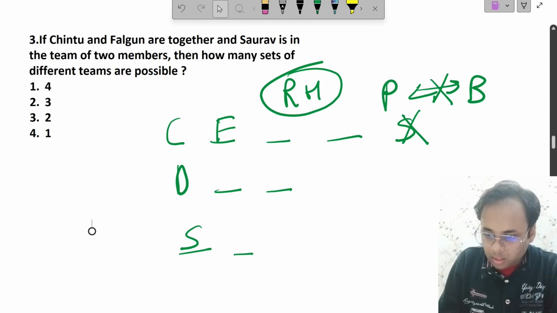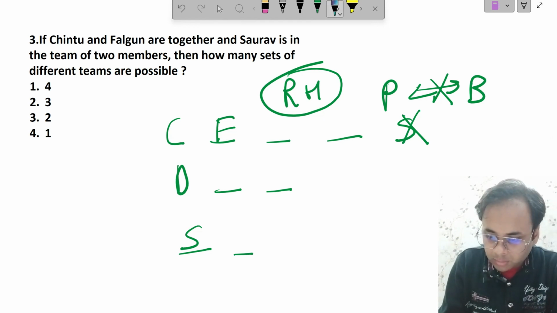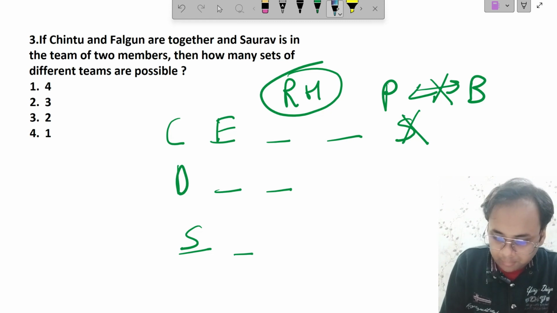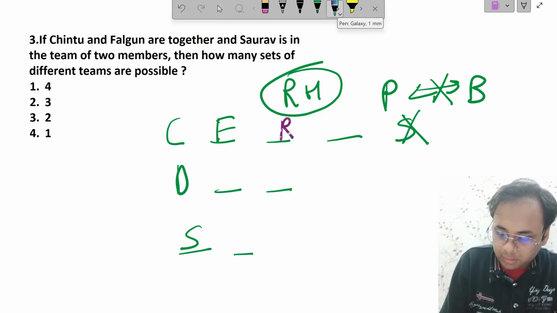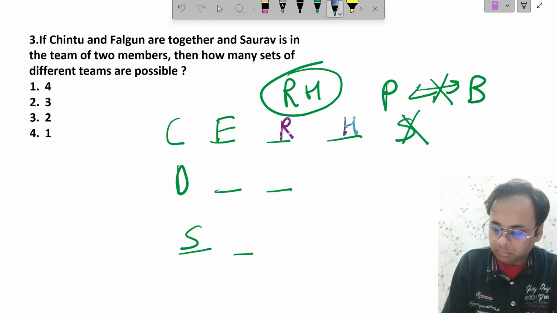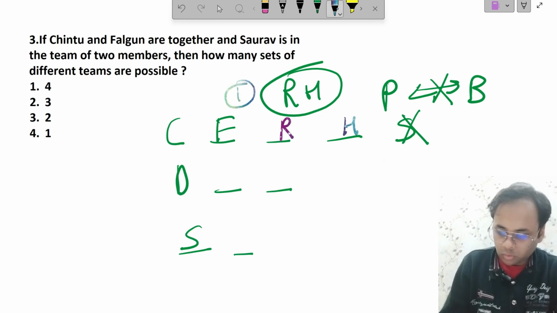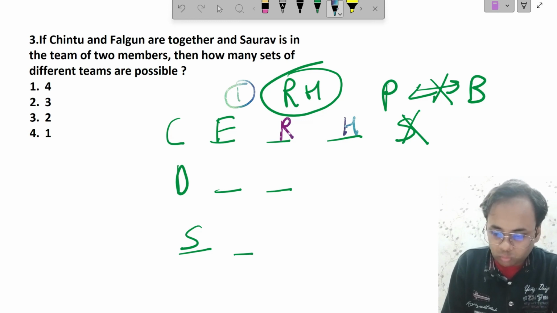So now let us see. Let me mark with this pen. For case number one, R and H are placed over here. In that case, P and B cannot come in the same team.